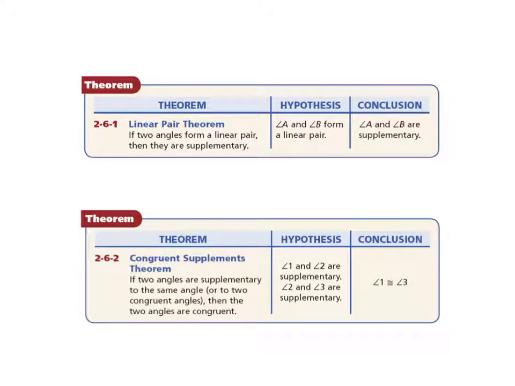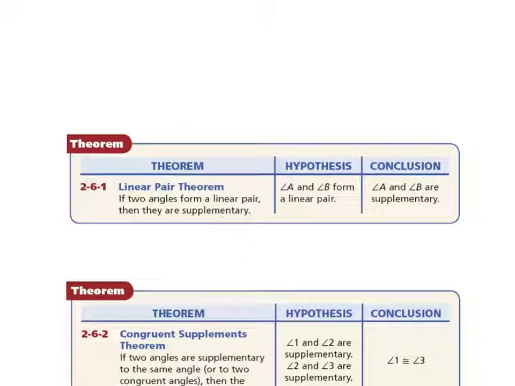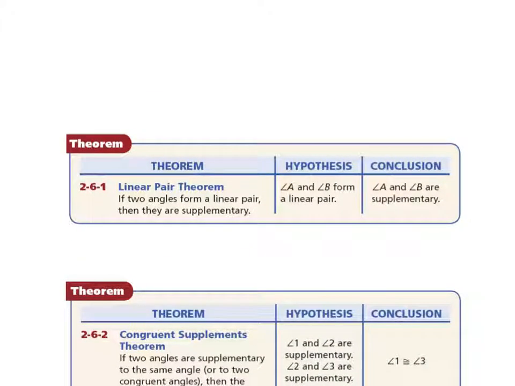The linear pair theorem. If two angles form a linear pair, then they are supplementary. So what does it mean to form a linear pair? Two angles on a line that are next door neighbors.